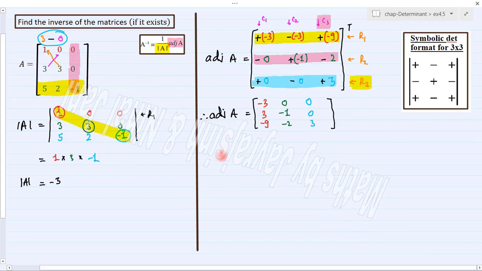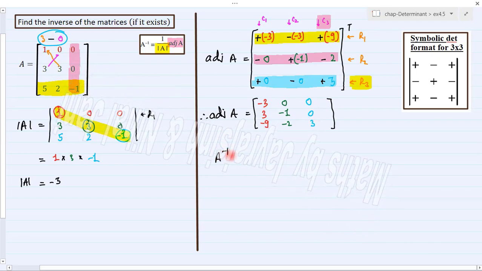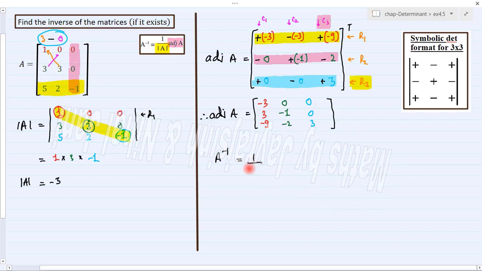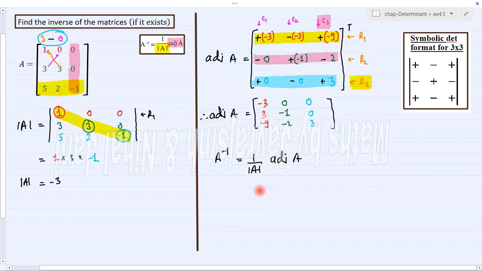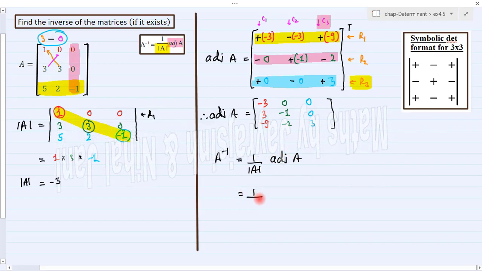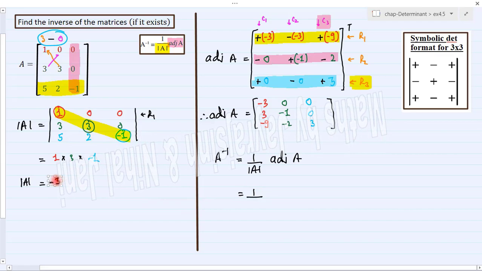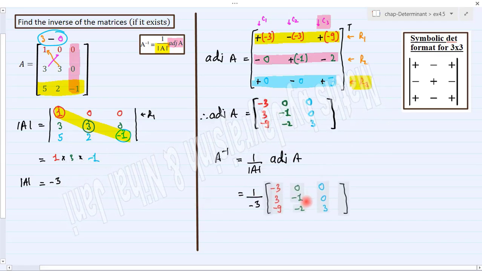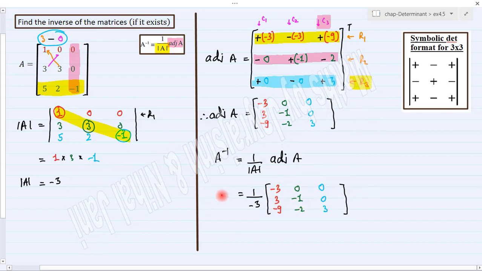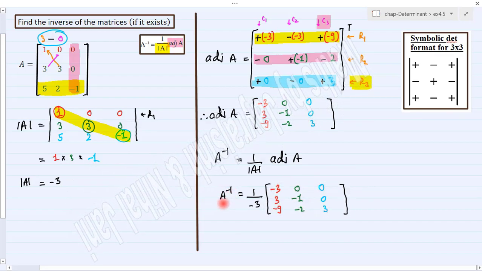So we get our adjoint of A and we are ready to get the inverse of matrix, which is nothing but 1 upon determinant of A into adjoint of A. So let's get 1 upon determinant of A into the adjoint of A. So we get our inverse of matrix A.